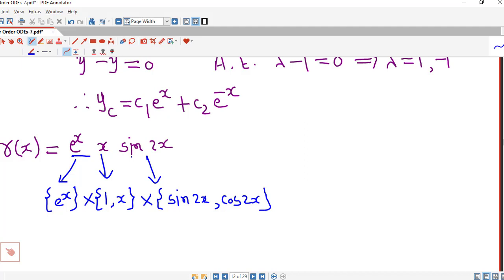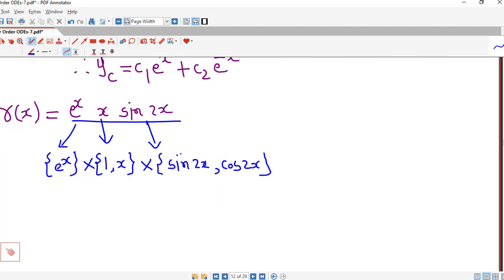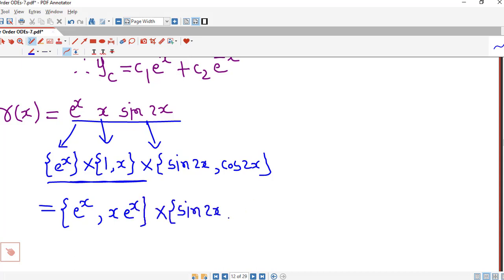Because functions are in the product, we take the Cartesian product of the families of derivatives corresponding to each function. So first we take the Cartesian product of these two sets: e raised to x into 1, and e raised to x into x, or x into e raised to x. Then we take the Cartesian product with these two, sin 2x, cos 2x.